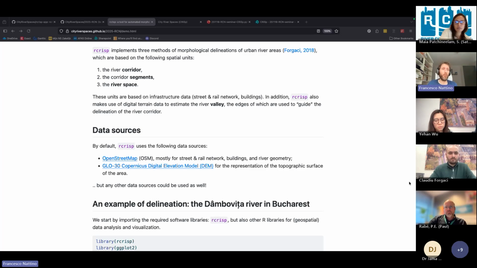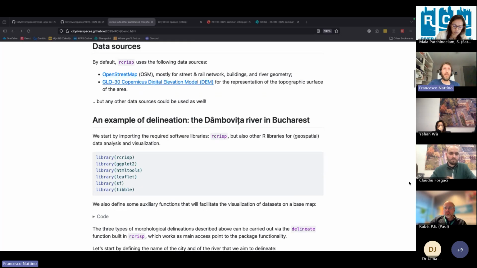The other data source that we use is the Copernicus digital elevation model for the representation of the topographic surface of the area of interest. And we chose it because it's a globally available digital elevation model at a reasonable resolution, so 30 meters. But let me stress the fact that these are just the defaults, but any other data set that provides the same source of information can be used in combination with Rcrisp as well.